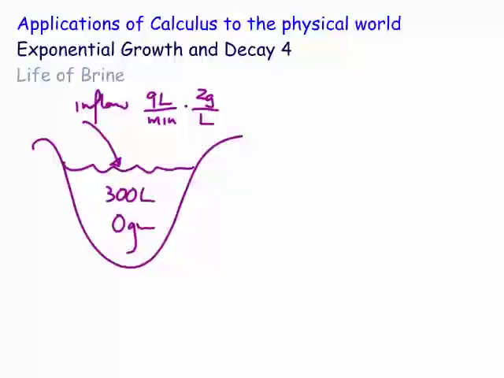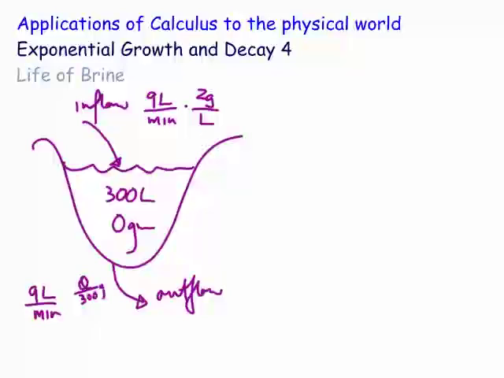The outflow rate is the same for these exponential growth and decay questions, so the outflow would be 9 litres a minute. After some time, the amount of salt would be Q grams in there, and the concentration would be Q over 300 grams per litre, because there's 300 litres.